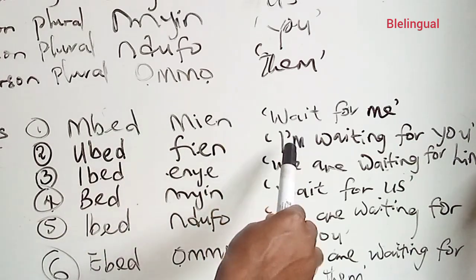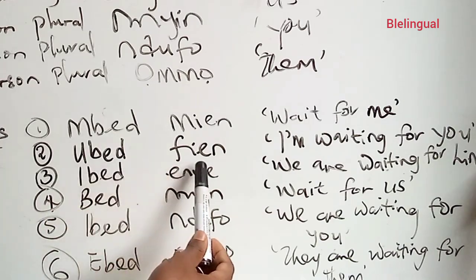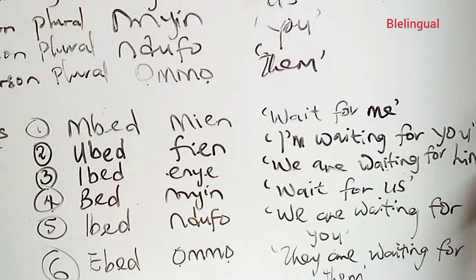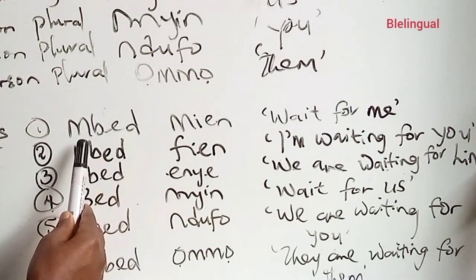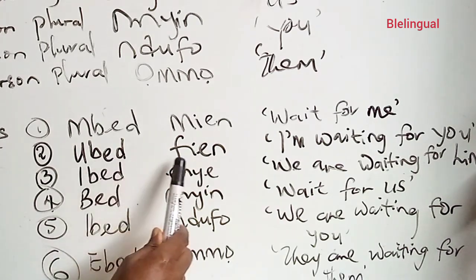Mbet mien, wait for me. The second one is ubet fien. I'm waiting for you. Now, don't forget what we talked about on concord markers. As you can see, there is the application of concord markers in the examples.